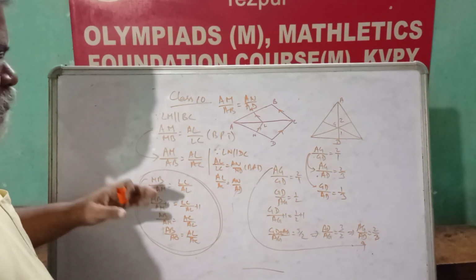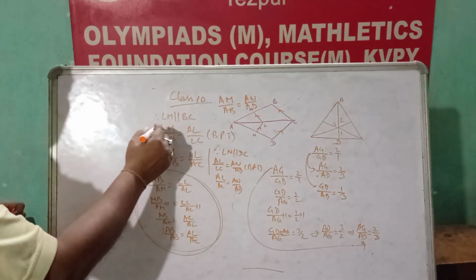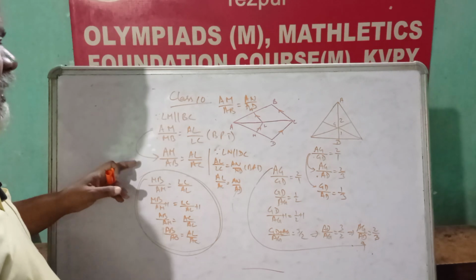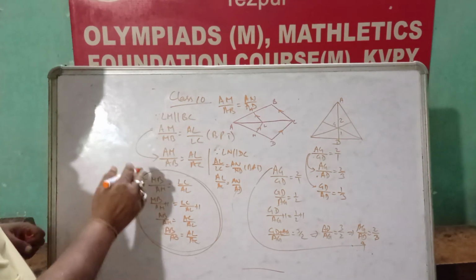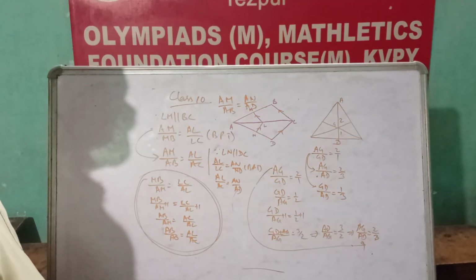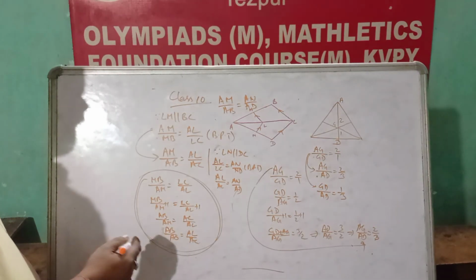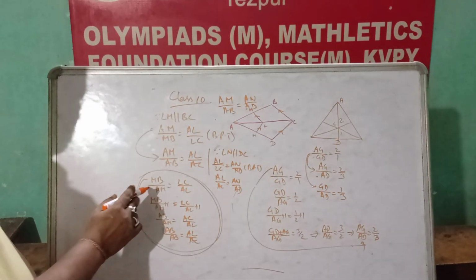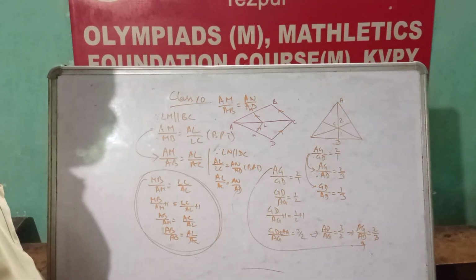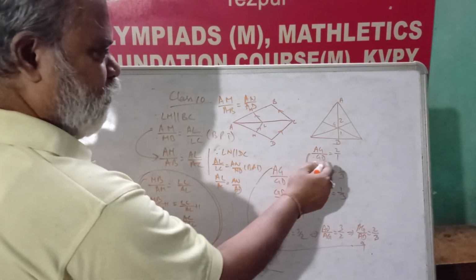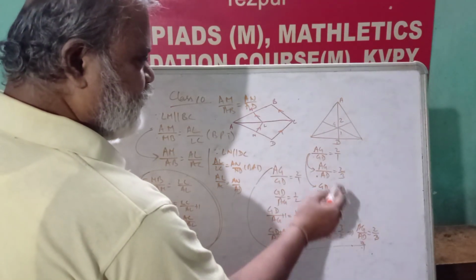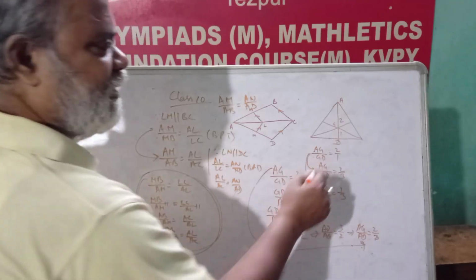I want to explain that if a student writes directly from here to here, the marks must not be deducted. This is a correct statement. You need not pass through this path, but if you do, it is also correct. It is not necessary to pass through this process. Whenever we are solving a problem in this case, we need not go through this process to say that AG by AD is 2 by 3.